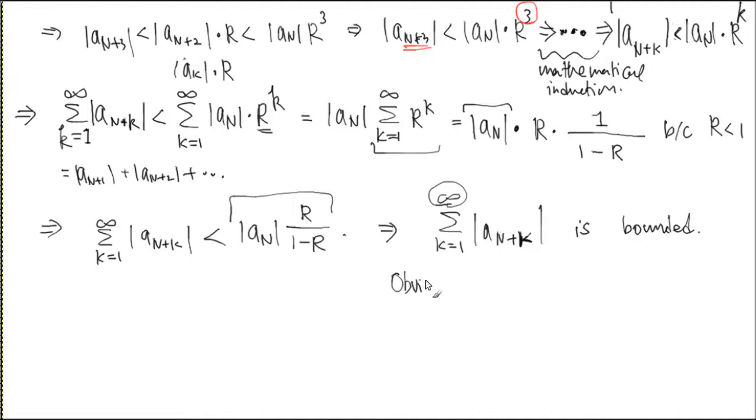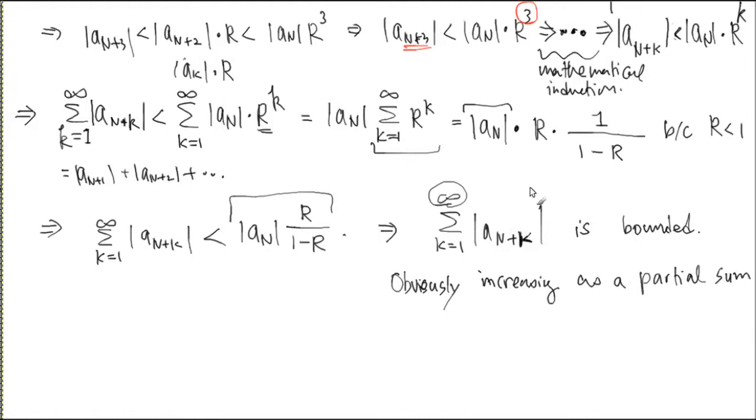Obviously monotone, right? The absolute value is a positive term. As you add more and more positive terms, it's always increasing, obviously, as a partial sum.